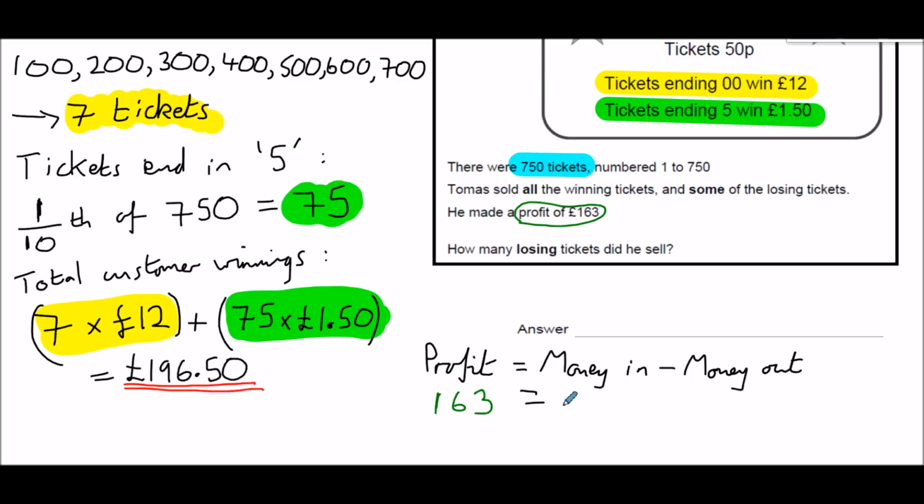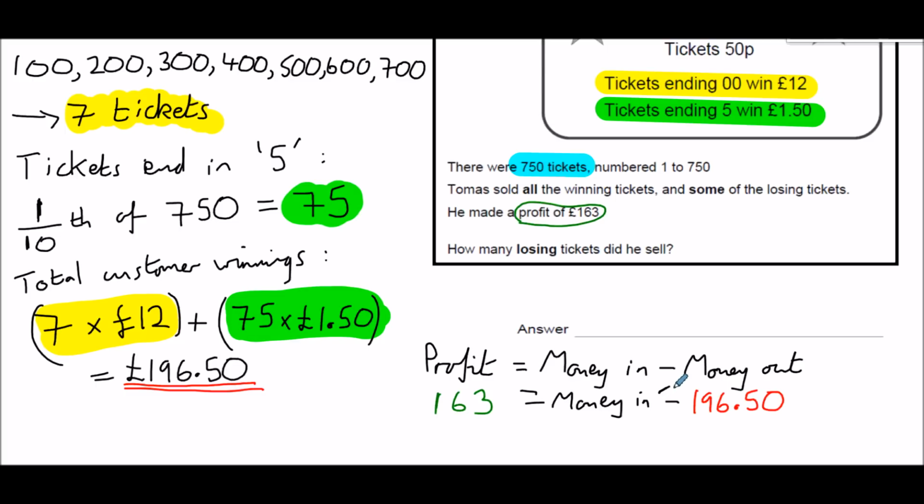So we're not told how much money he makes from tickets, but we have just worked out how much money is paid out. The money he loses is the money he pays out in prizes, which is the £196.50. So we can work out how much money he made by rearranging this equation.